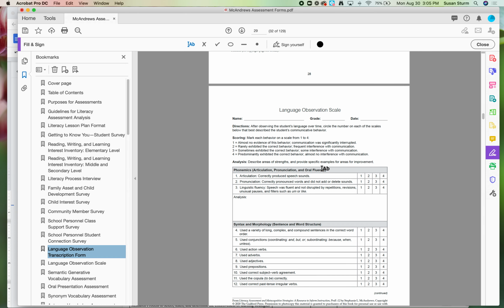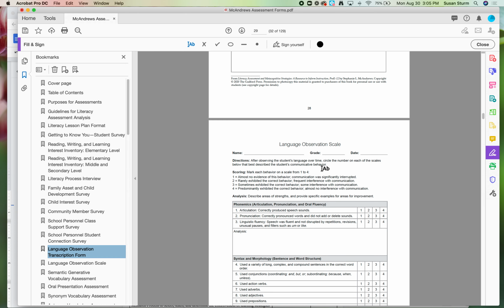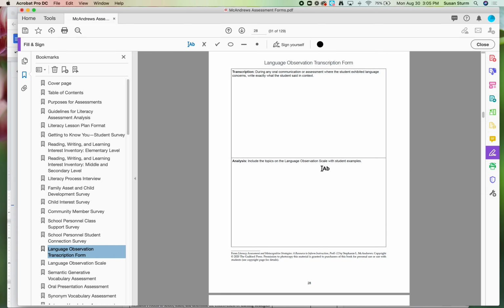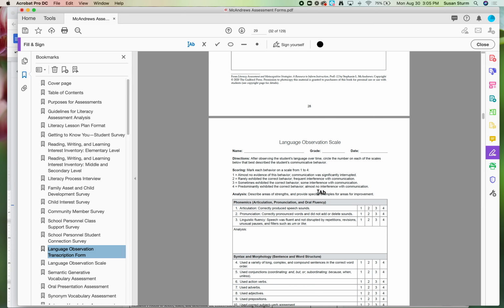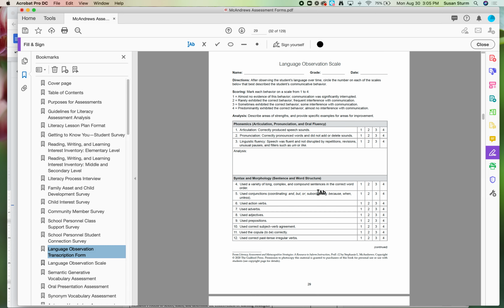Okay, so let's take a close look at the scale. So this form is meant to help you capture the student's behavior in time, so you're not trying to remember things. But this scale is really where this assessment is what it's all about. So the directions say, after you observe the student's language over time, so you're going to spend a couple of sessions, 3 or 4 visits to the classroom, watching your focus student.